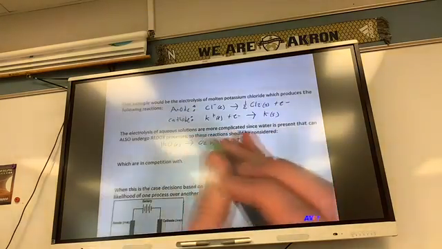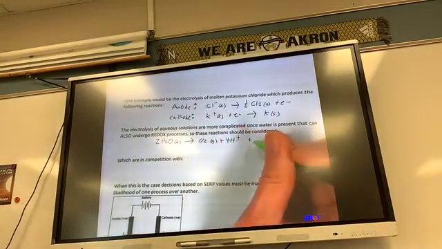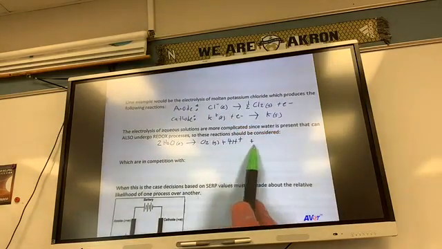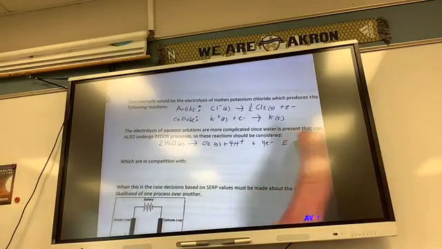Now, if I'm balancing this, it's going to have to be a 2. This is going to be a 4, which means if I have 4H plus, how many electrons does that have to give up? Plus 4 electrons. So the energy of this ends up being negative 1.23 volts.